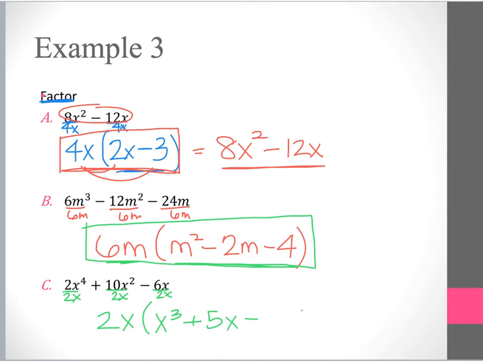And then a negative 6x divided by 2x is going to give me a negative 3. So here I have the factor 2x, and then my other factor is x cubed plus 5x minus 3. And again, with any of these, you should be able to distribute the monomial onto the trinomial, and it would give you the original problem.